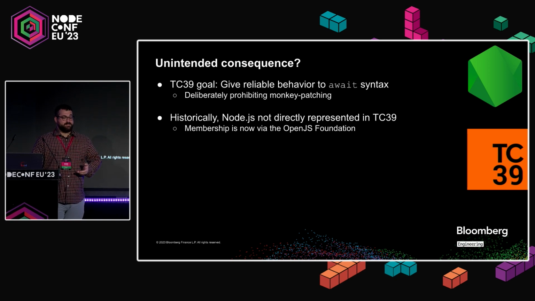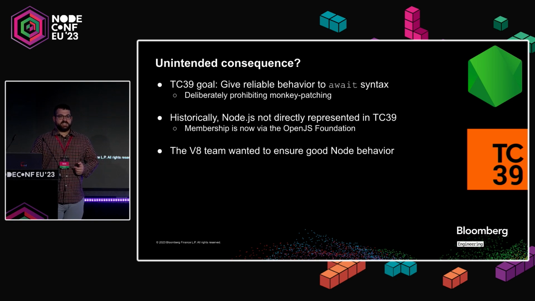But even at that time, many people in TC39 cared about Node, and were trying to make sure that things worked out well for it. For example, the V8 team, V8 being the JavaScript engine that runs inside of Chrome, wanted to ensure that V8 also worked well for Node.js. So the promise hooks API was created specifically to allow Node to monkey patch promises, even though JavaScript code in websites couldn't.